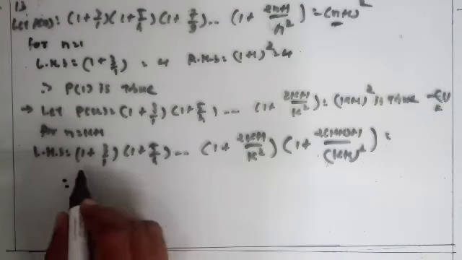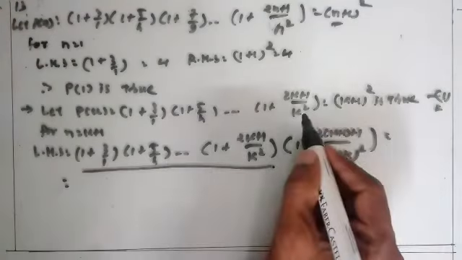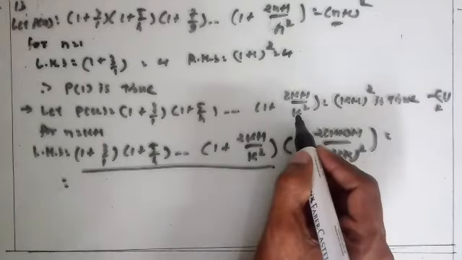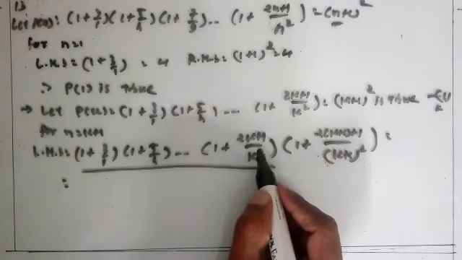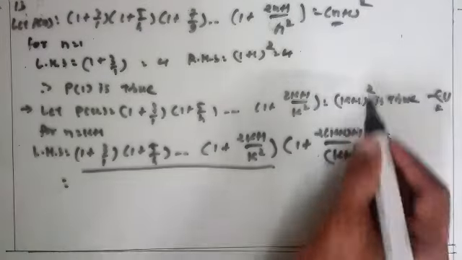Now simplify this. By result 1, the first bracket to the last-but-one bracket is equal to (k+1)².